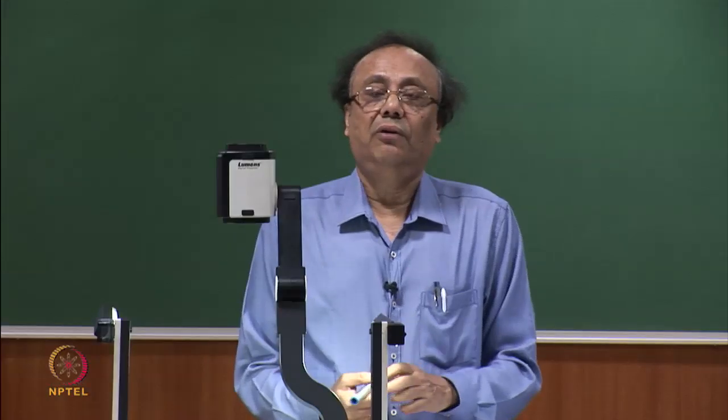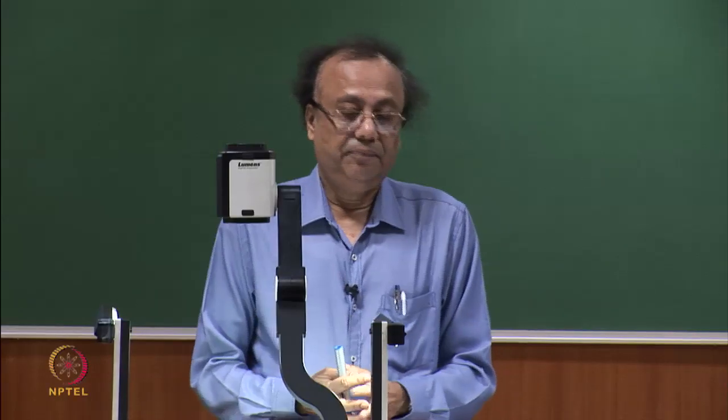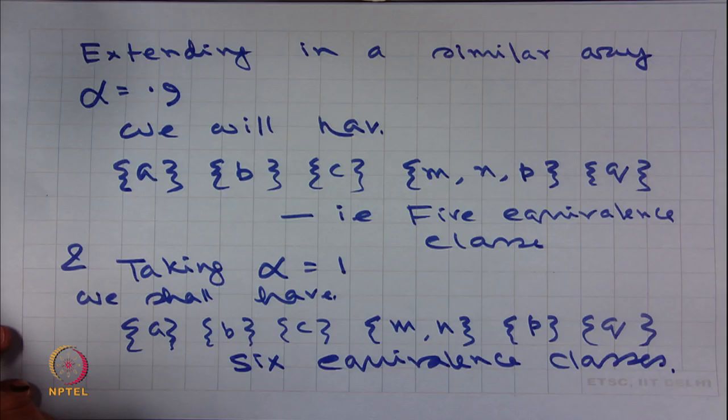Thus, what we find is that for different alpha cuts, we get the corresponding partitions and each one of them represents equivalence classes. Therefore, we can say that this fuzzy relation is actually a fuzzy equivalence relation.